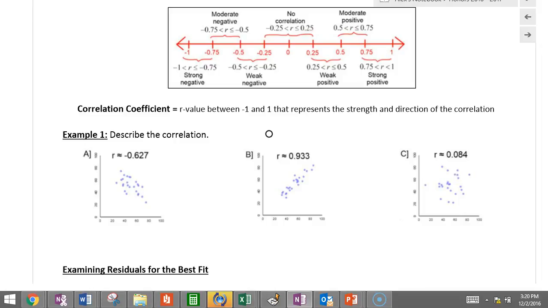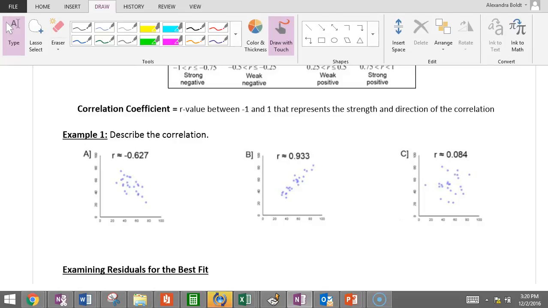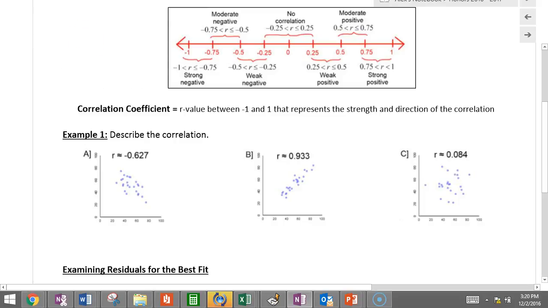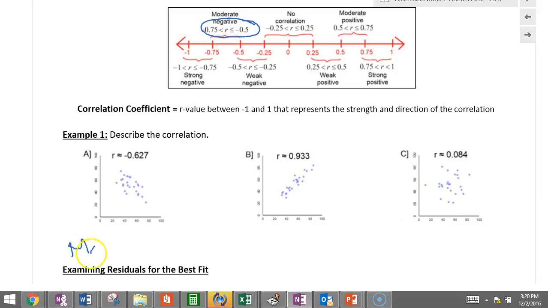So if we look at A, A has an R value of negative 0.627. Since it's negative, we know this is a negative correlation, and you can look kind of here, so 0.627 is going to fall here. So this is a moderate negative correlation.